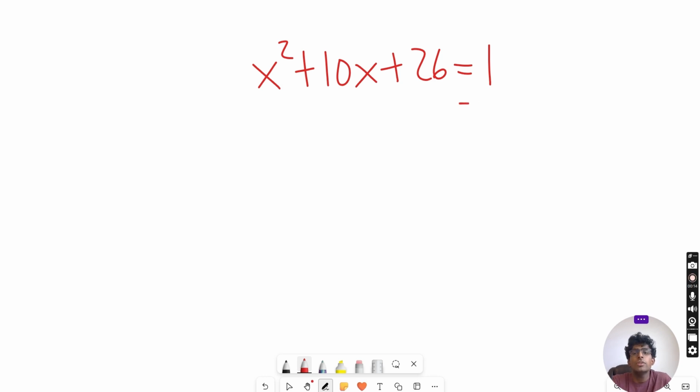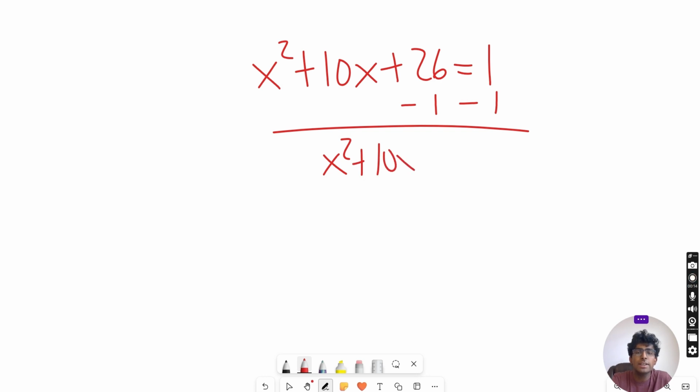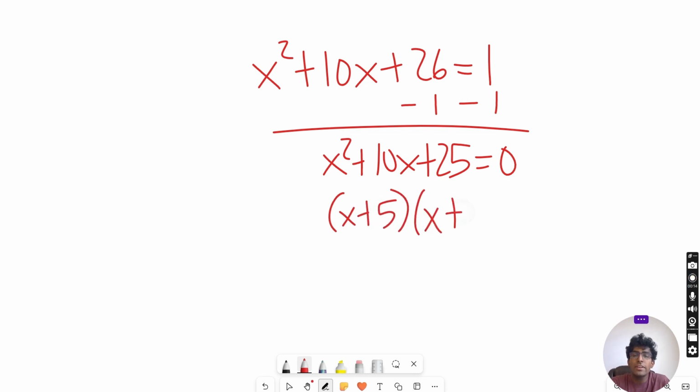So I'm going to subtract 1 from both sides, and I'm going to get x squared plus 10x plus 25 equals 0. So here, I know that this is going to be a perfect square trinomial because the square root of 25 is 5, and 5 times 2 is 10, which gives us this middle b value. So the answer is going to be x equals -5 for this case. So that's the idea behind quadratic equations.